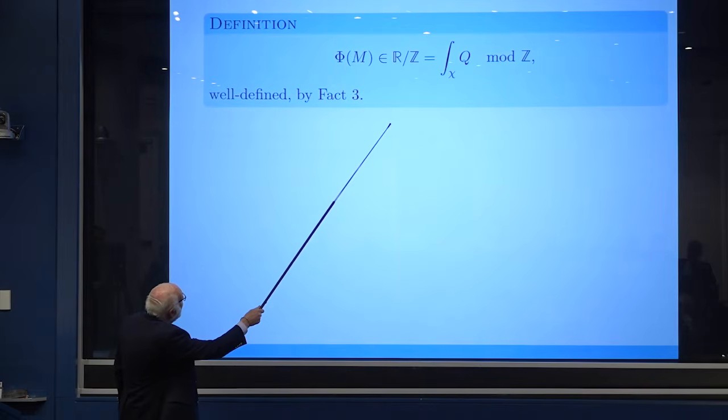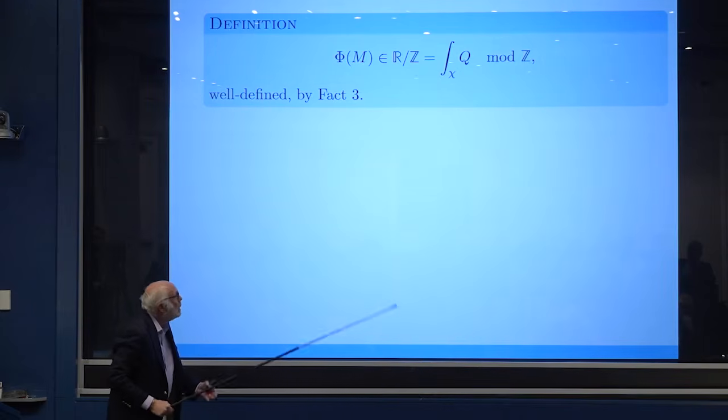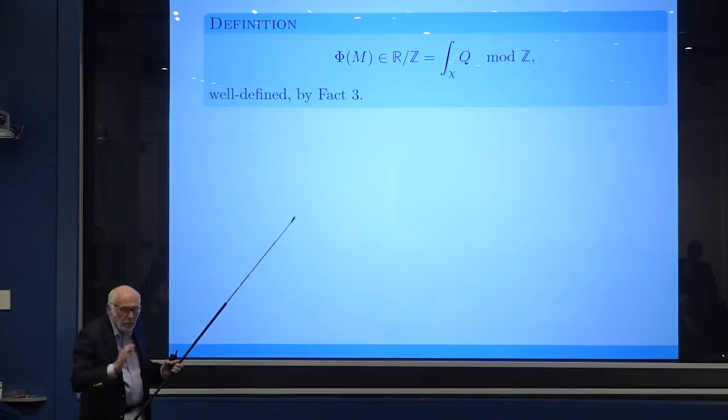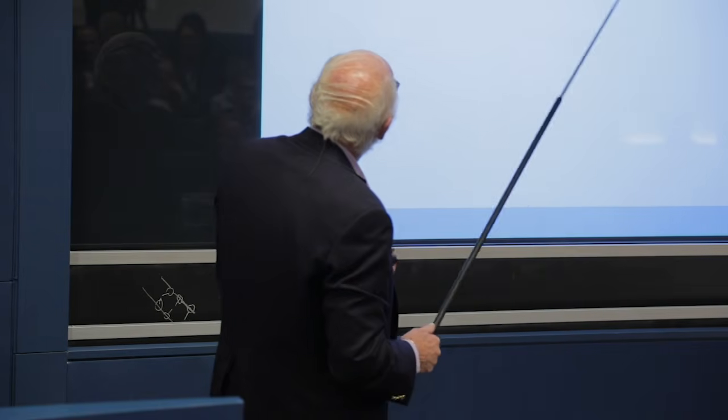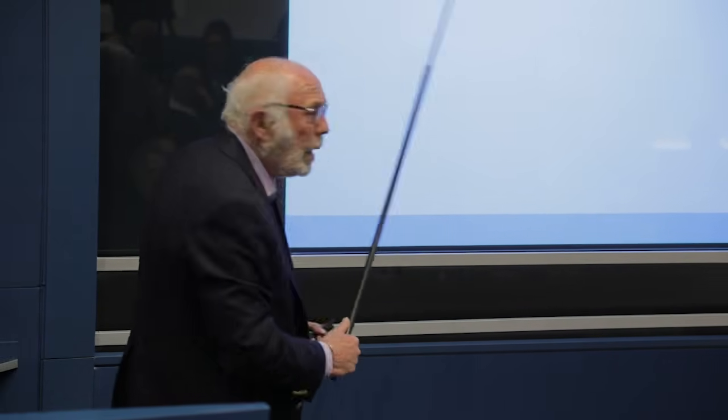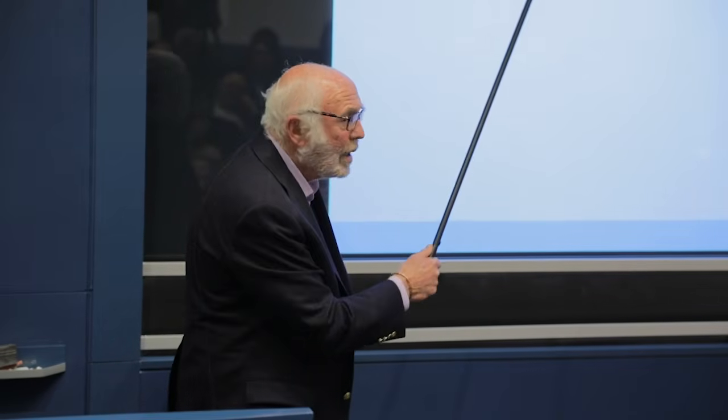So I just integrate this over any cross-section and reduce mod Z. So that's a well-defined function. So here's a theorem. It's a conformal invariant. It seems to depend on the metric, but if you change the metric by a positive function, you'll get the same answer.